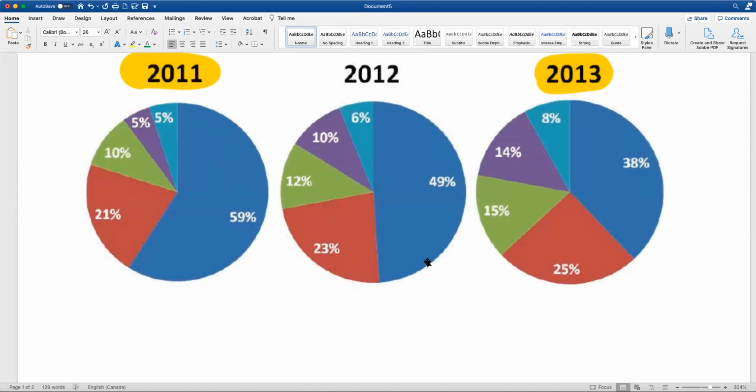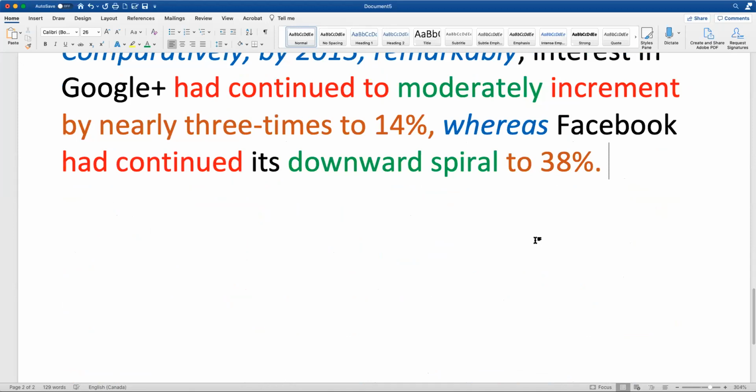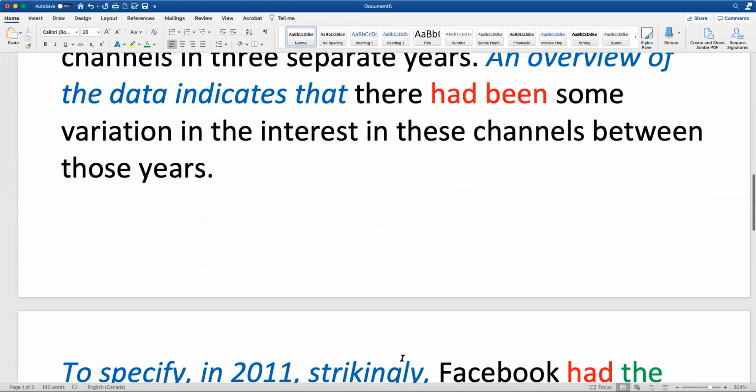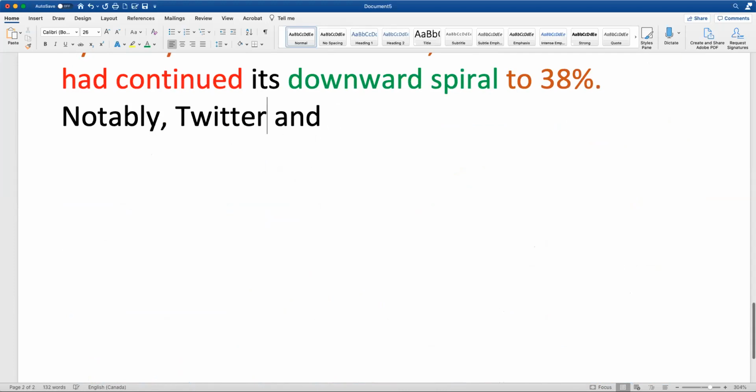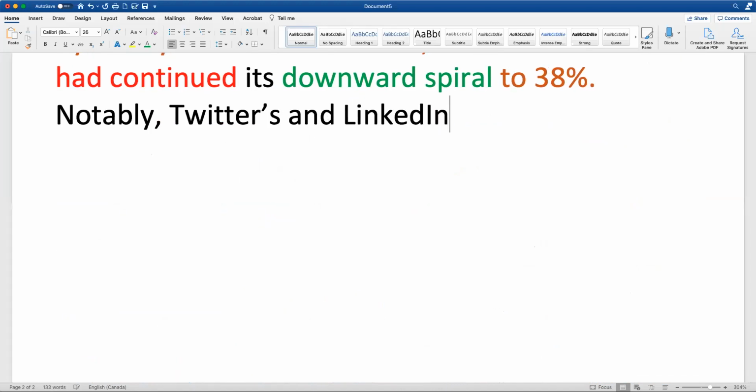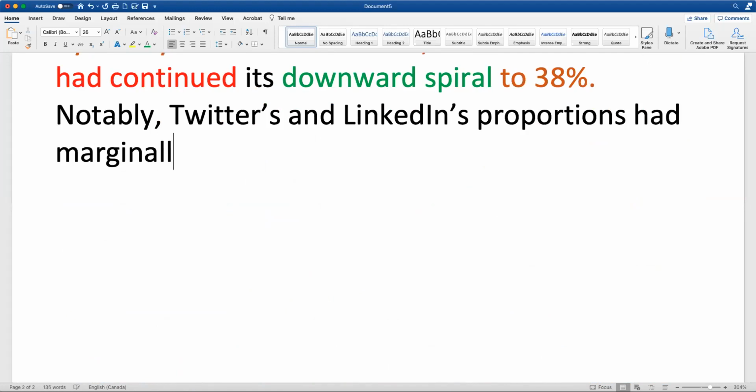Well, notably, Twitter's and LinkedIn's proportions had marginally risen.